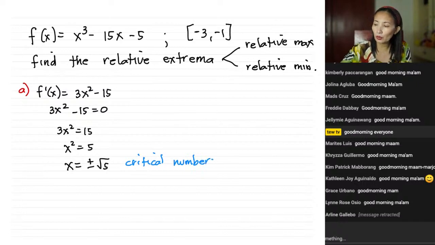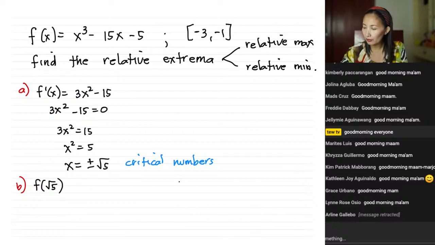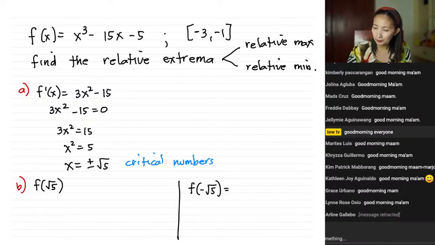Now, we proceed to step B. Evaluate the function at the critical values or critical numbers rather. We find f of square root of 5 and f of negative square root of 5. Okay, what is f of the square root of 5?